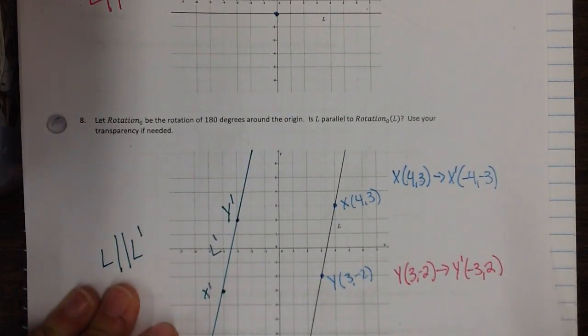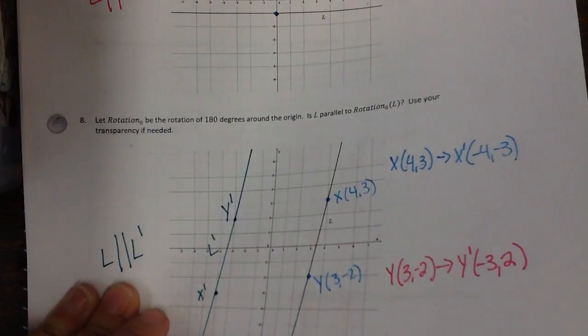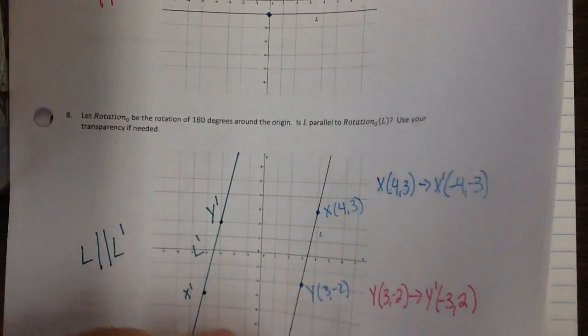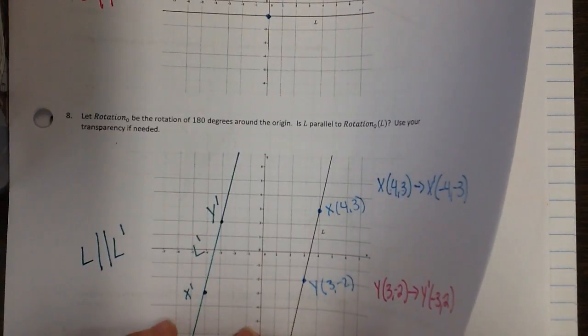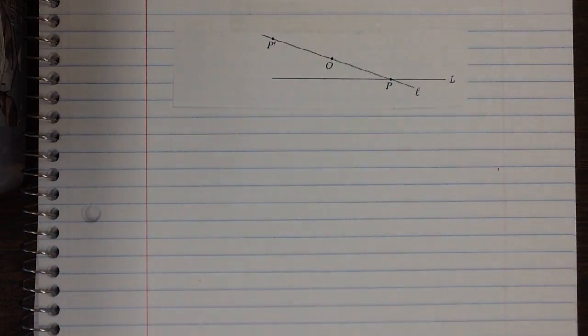Okay, so when we have a 180 degree rotation, okay, the lines are parallel. Now let's look at it when it's not on a grid.